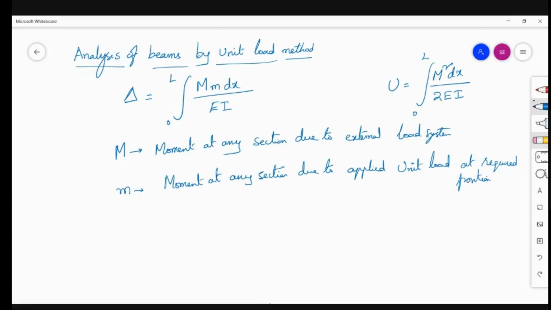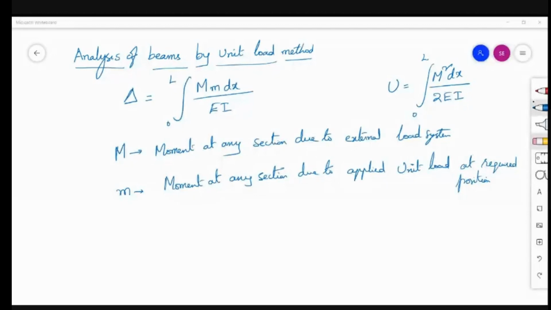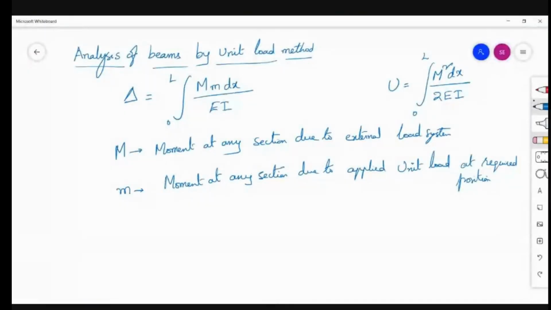So it means that wherever the deflection is required, for example, if I want a deflection at a point, at that point apply a unit load. E is the modulus of elasticity of the member, and I is the moment of inertia.